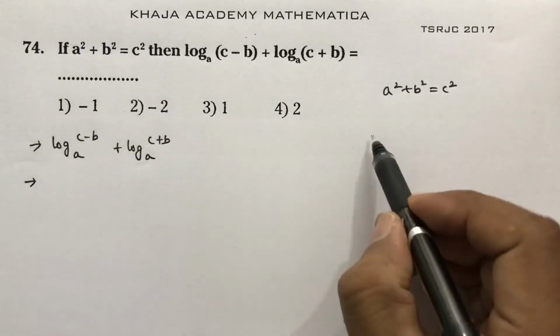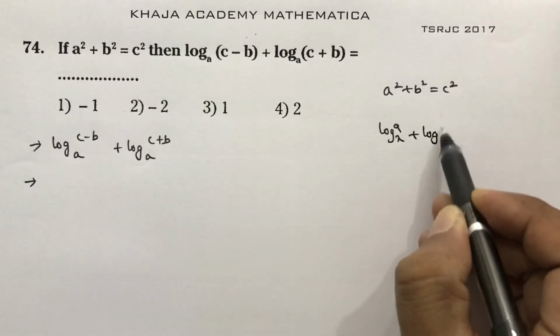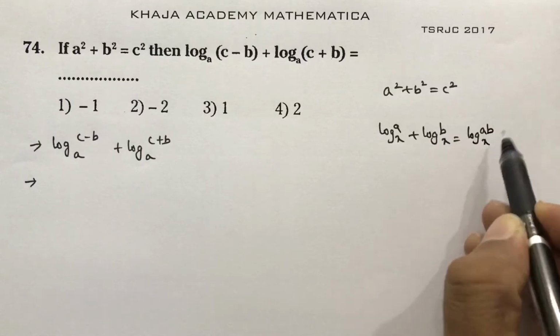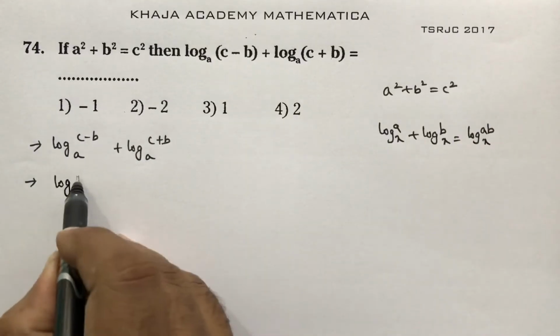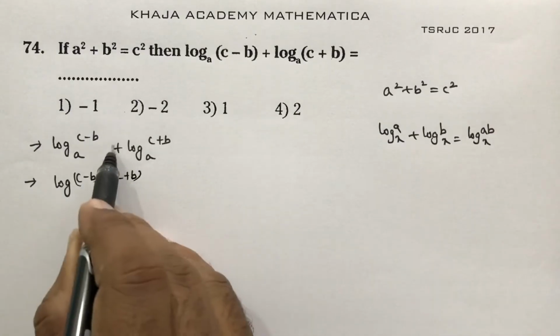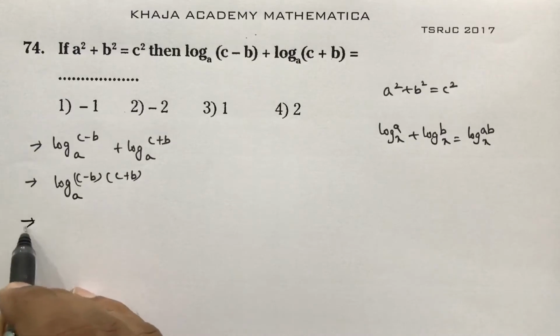So by the logarithm of product, log a to the base x plus log b to the base x, I can write as log ab to the base x. So here log c minus b into c plus b to the base a.